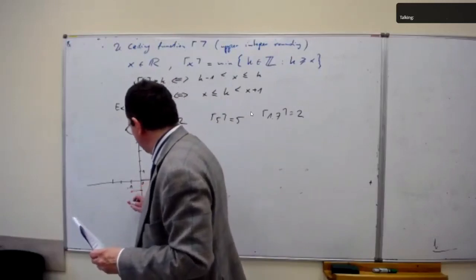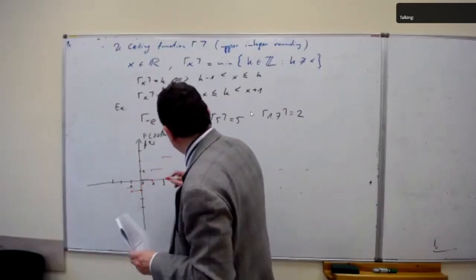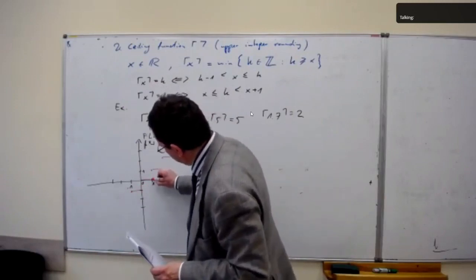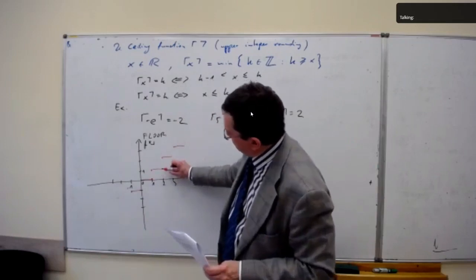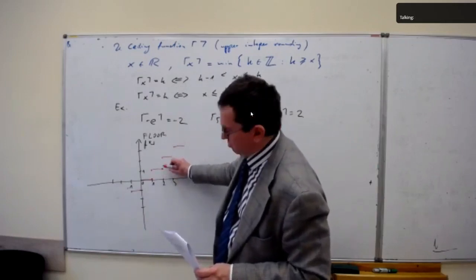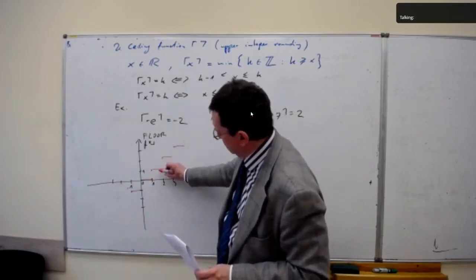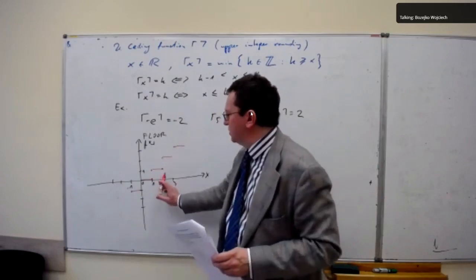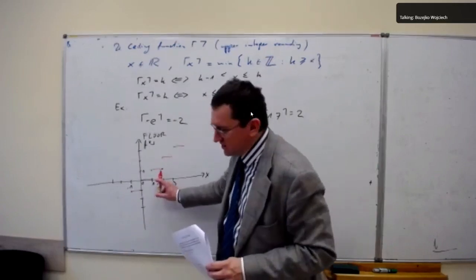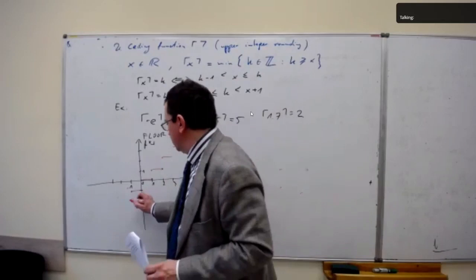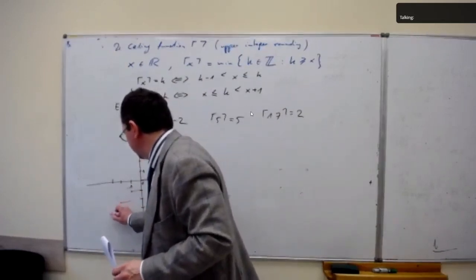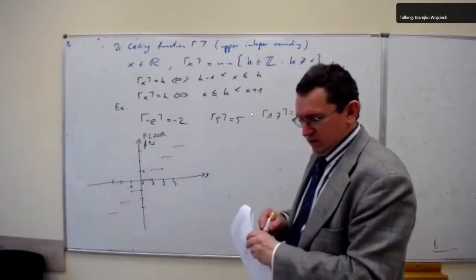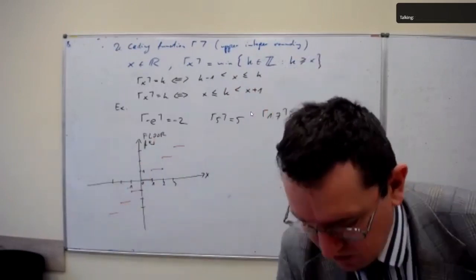We usually write an empty circle here. This means that at the point 2, the value is not 2. The value is 1, because infinitely close to 2 from the left side, we still have 1. So this is the floor function.